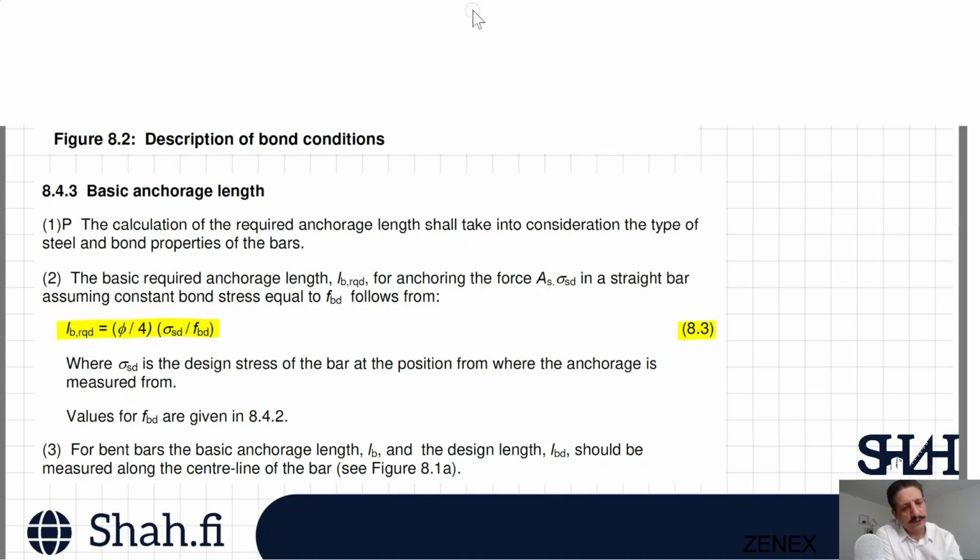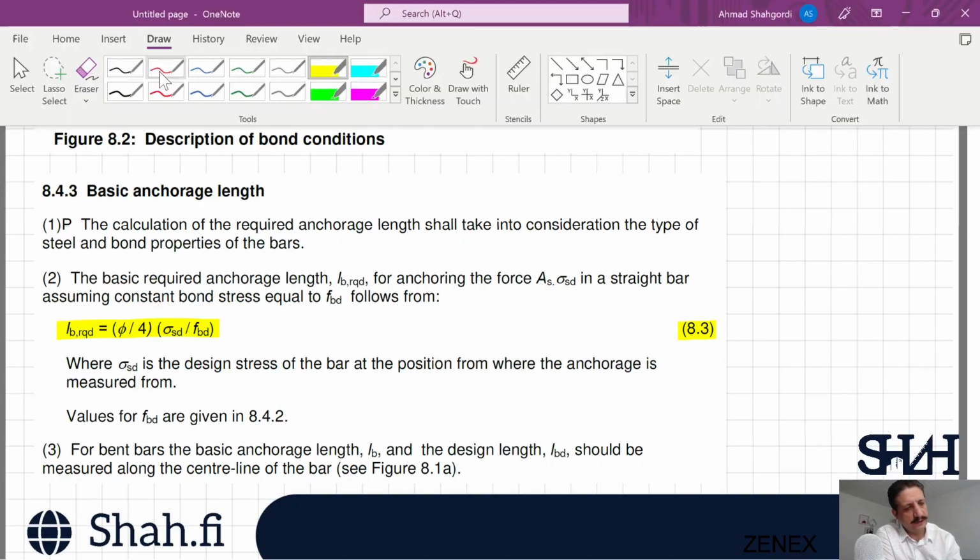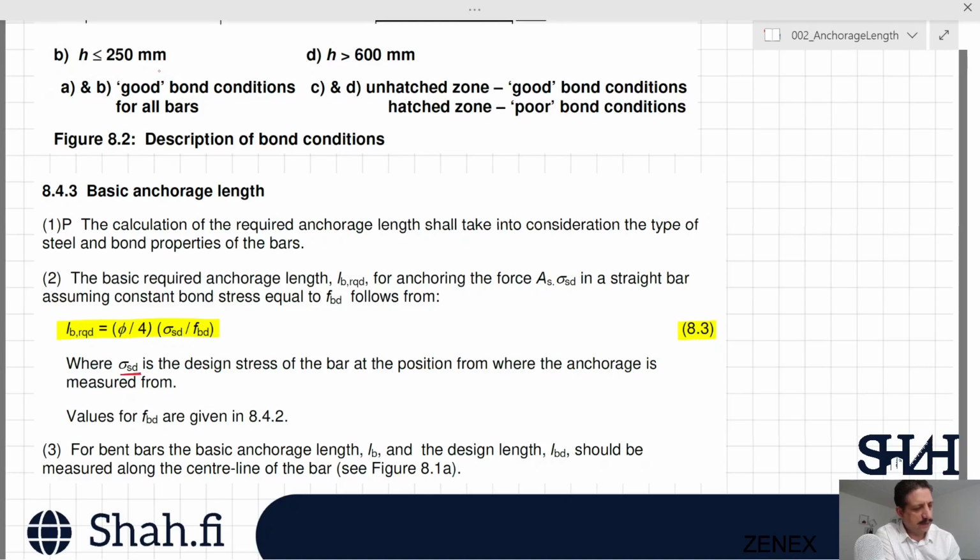This is important to understand what sigma SD is. Sigma SD is the design stress of the bar at the position from where the anchorage is measured. So this is the design stress. Usually it is taken as FYD as it is the maximum. But I have faced a few projects where we had to use a smaller anchorage length.